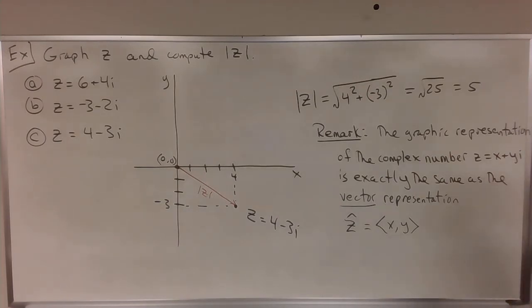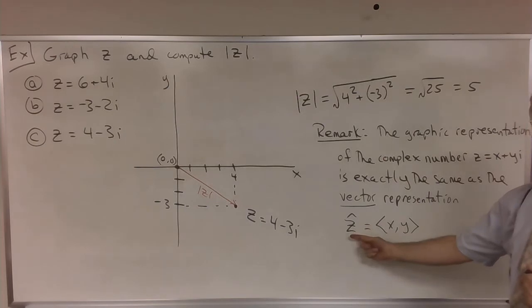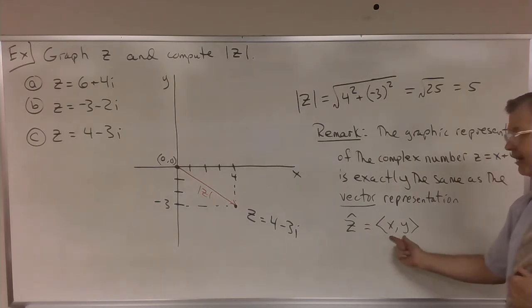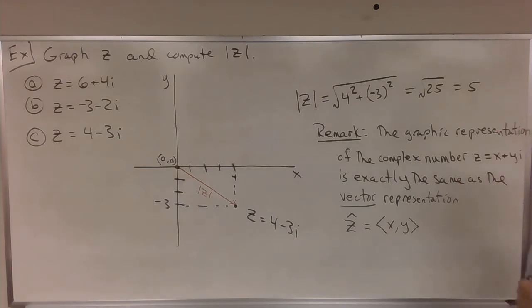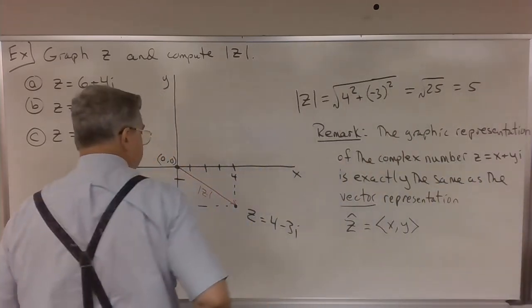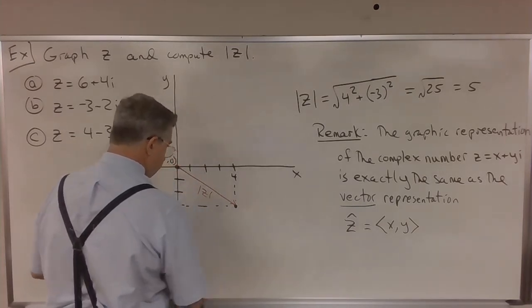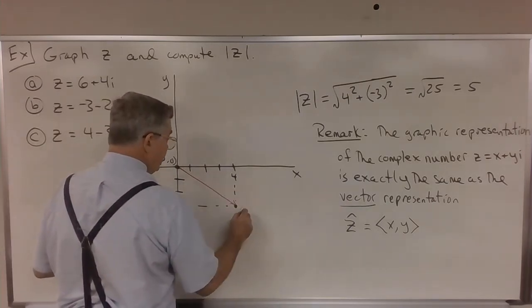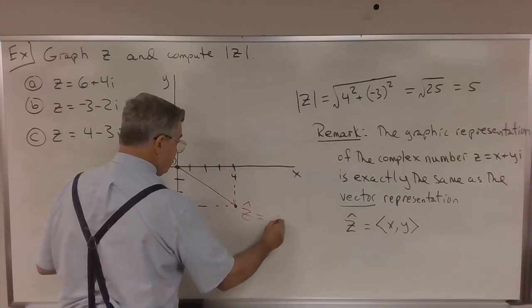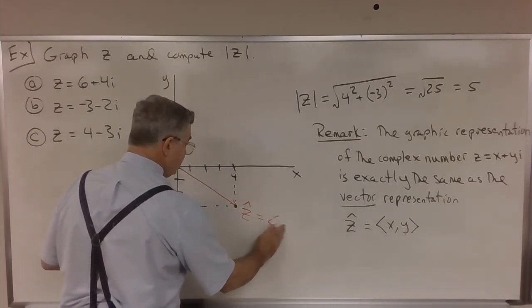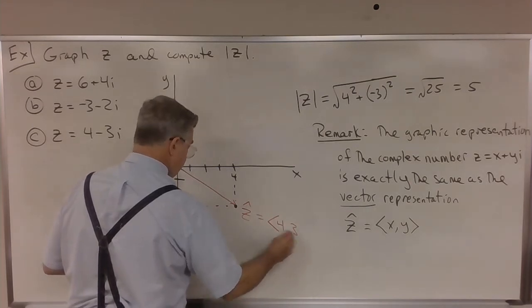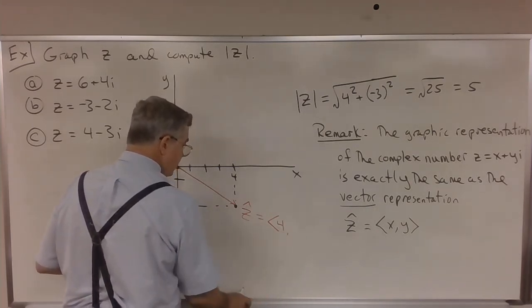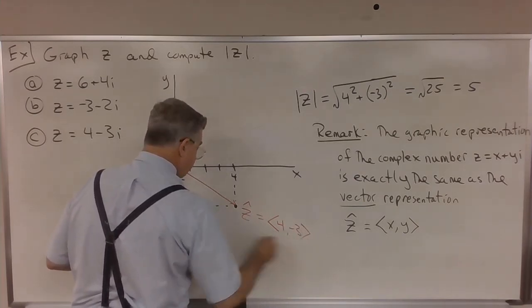Notice that the way that we've been graphing complex numbers is exactly the same that we graphed the vector z with x and y components. We could very well say that this thing is vector z, the vector with an x component of 4 and a y component of -3.